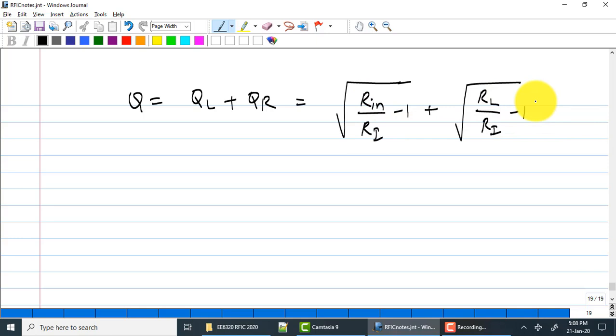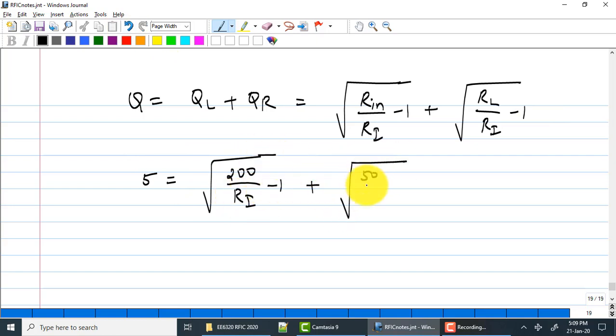From input to Ri, it is also a step down transformation. Each of those L matches are step down L matches. So Ri has to be lower than both. In our case, this is the equation we need to solve: root of 200 by Ri minus 1 plus root of 50 by Ri minus 1.